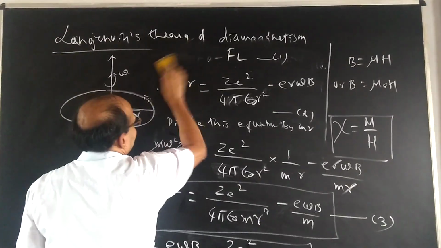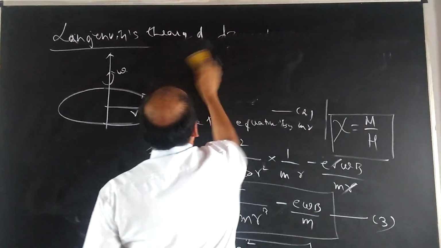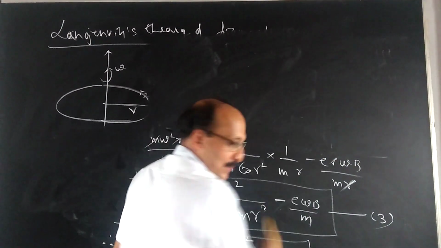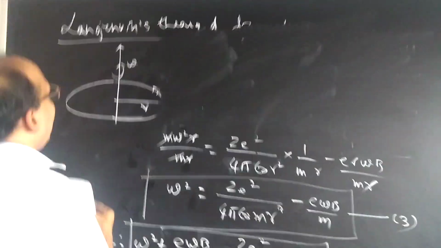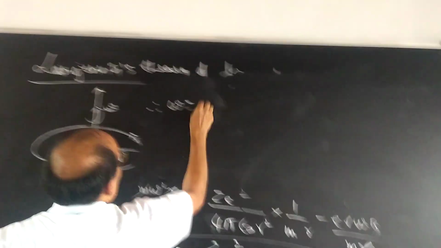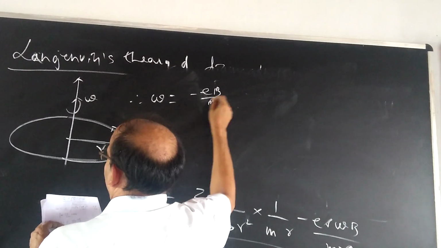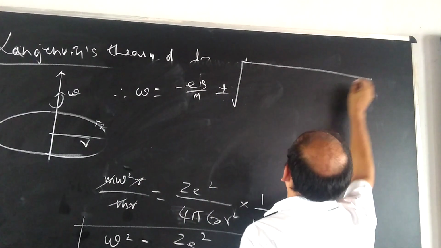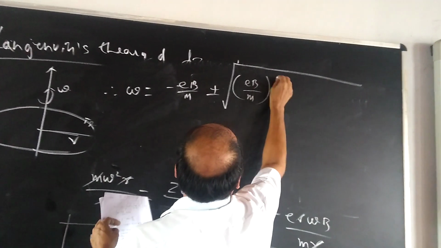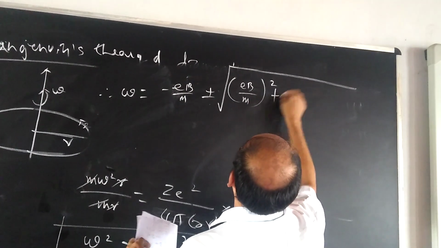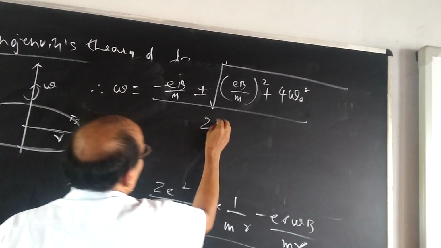So I will directly write the root of equation 4, then I solve further. By taking the square root, you can have the root of the equation. Usually omega is equal to minus eB upon m plus or minus under the square root symbol, eB upon m whole square plus 4 omega naught square, divided by 2a, that is 2 into 1 is 2.